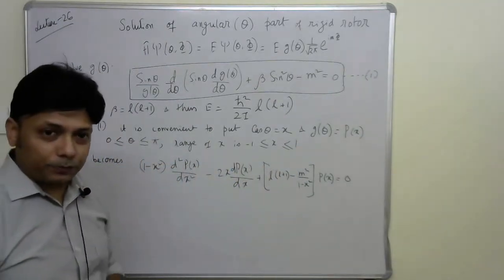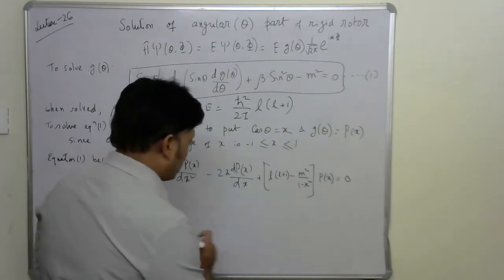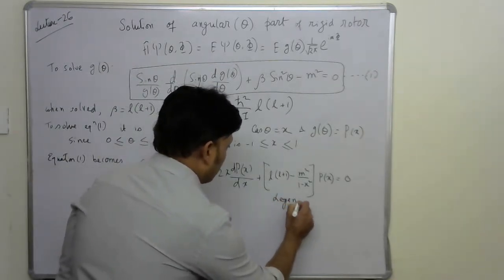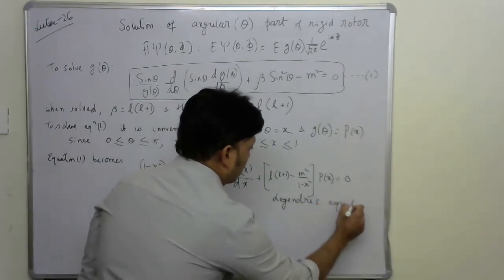So we get a new equation. What is this new equation called? This new equation is called Legendre's equation.